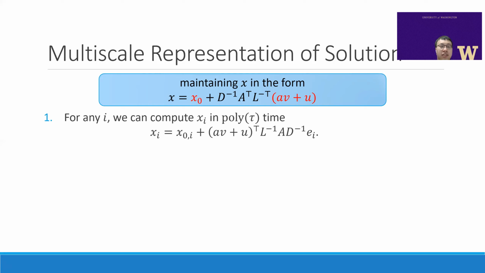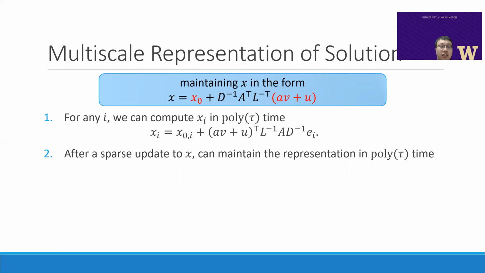And the second property is that this is very easy to maintain after an update to the x. So when D changes, we can directly compute the corresponding entry of x_i and move the arrow to the x_0.